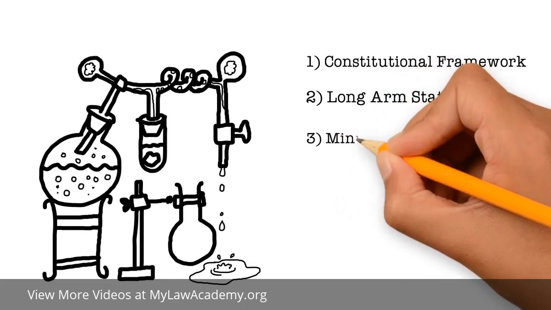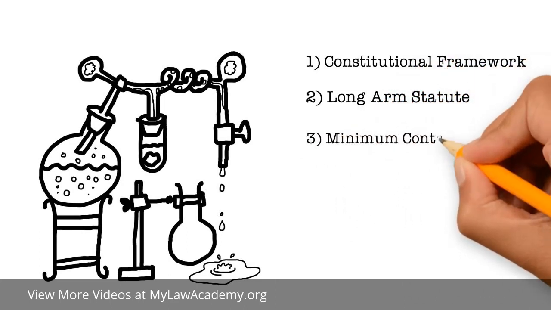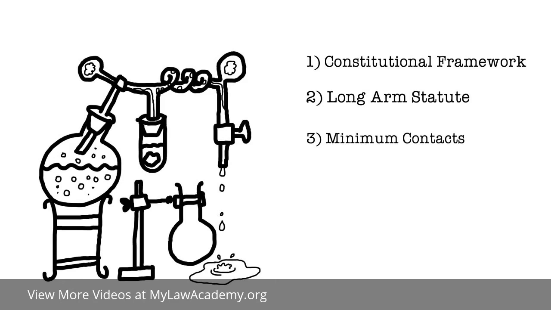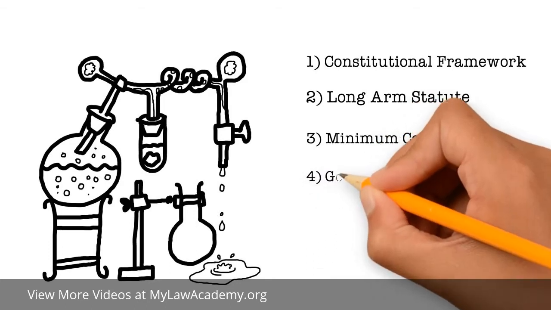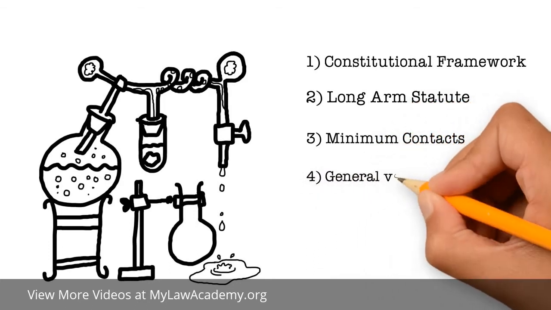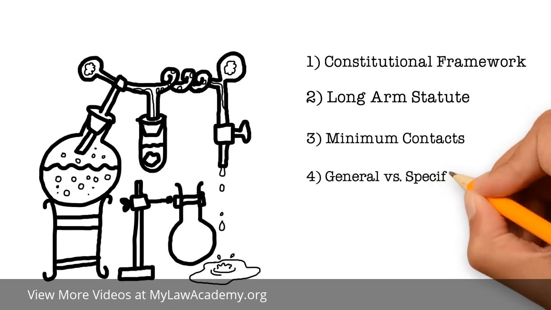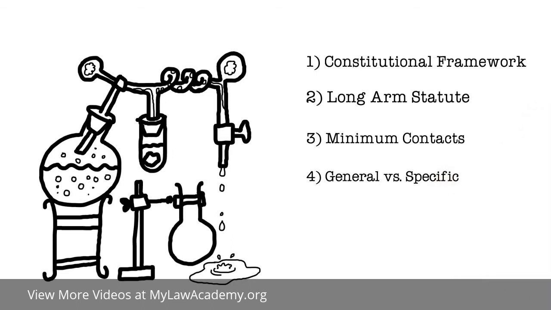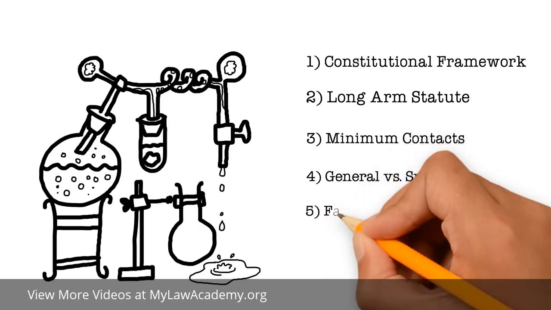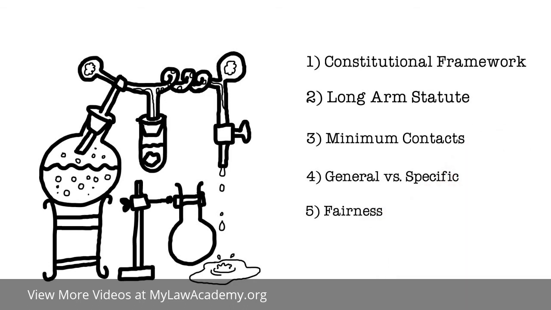Number 3, walk through the International Shoe Test of minimum contacts and determine whether the contacts with the forum were systematic and continuous or merely irregular and casual. Use that analysis from the minimum contacts discussion to help determine whether the jurisdiction should be general or specific. Lastly, apply the balancing test for fairness.